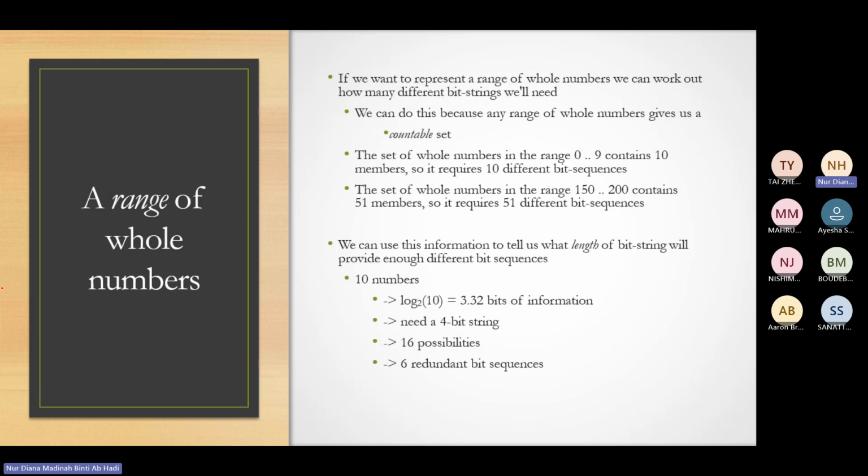So we can use this information to tell us the length of the bit string that will provide enough different bit sequences. For example, you have 10 numbers, so you use the formula that has been provided, log base 2 of N. You convert it to log base 2 of 10, and you get 3.32 bits.